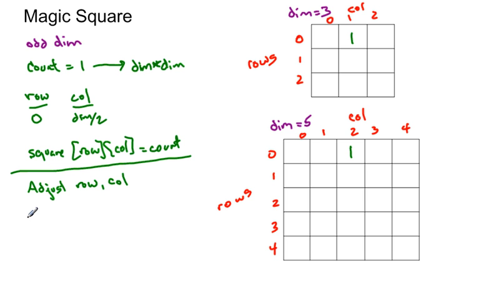So we're going to start with this one. If we're divisible by dim, so remember in this first one, if you're divisible by 3, or in this one, if you're divisible by 5, we just drop down 1. And so you'll recall, 2 goes here, and 3 goes here.